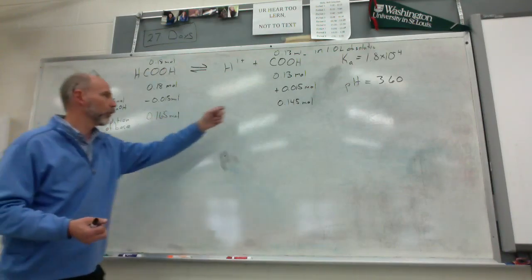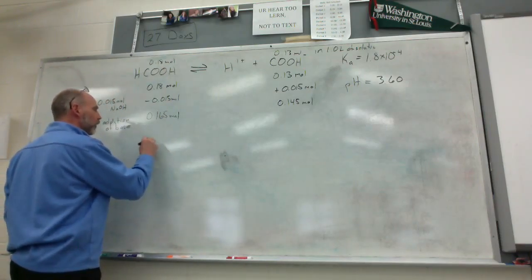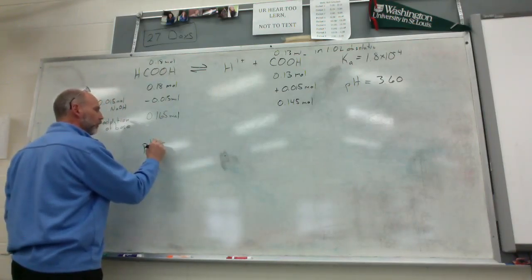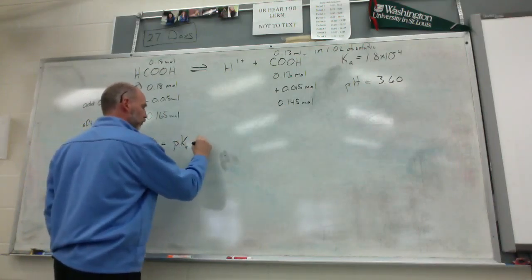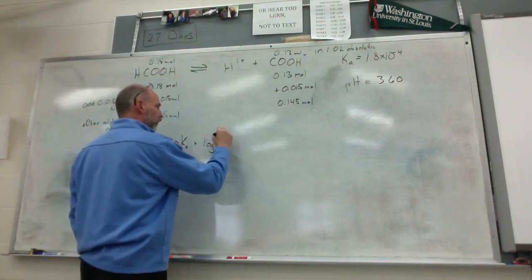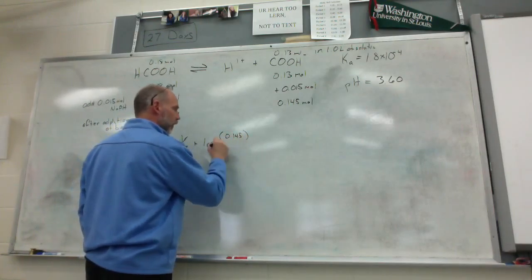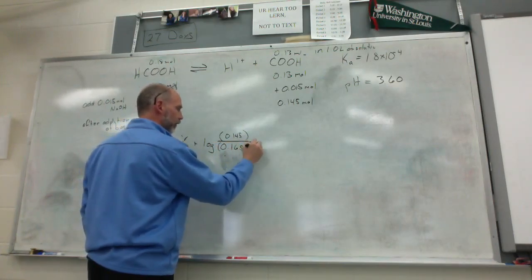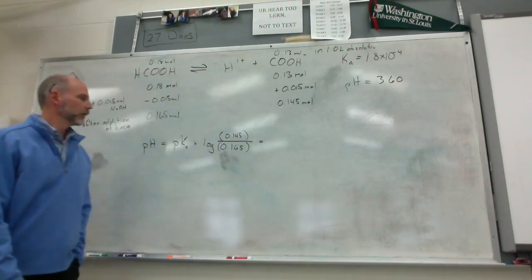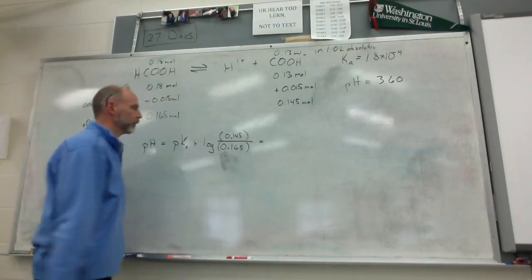We know the moles or the molarities of this. So let's just go ahead and plug it into Henderson-Hasselbalch. Some of you guys have probably already done this. Okay, and in this case, it's going to be 0.145 over 0.165. Go ahead and throw that in there, see what you guys get.